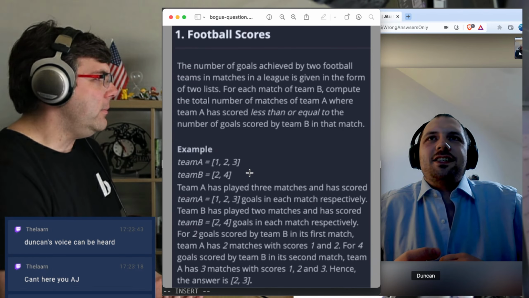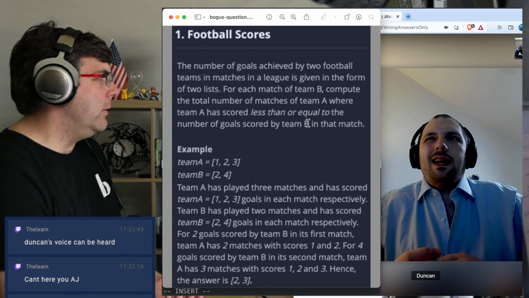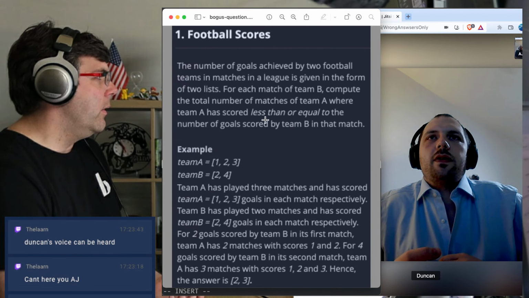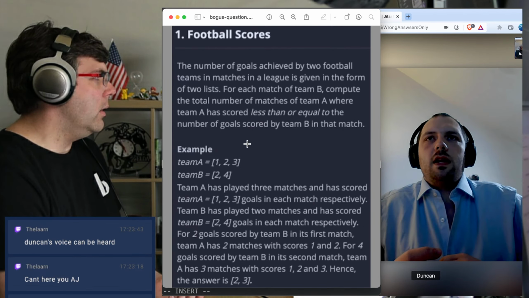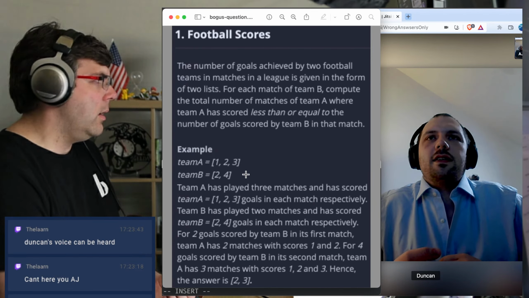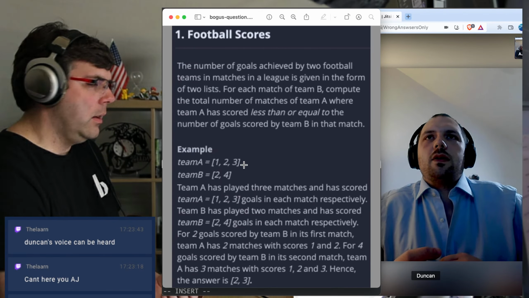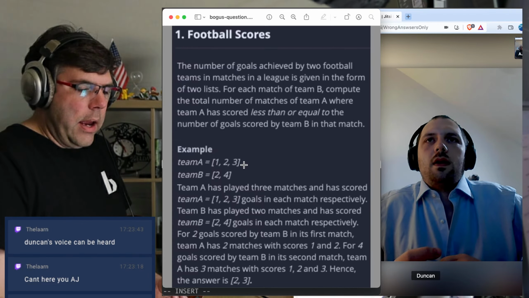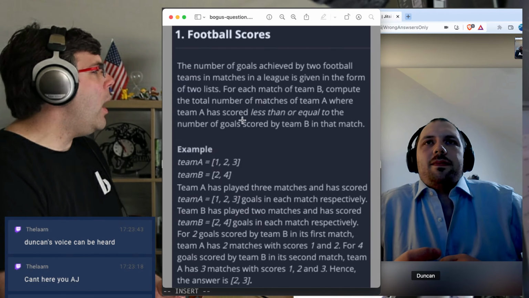They're not having matches against each other, which is how it vaguely makes sense to ask the question like this. They have each played some matches in the league, and those are the points that they scored in their matches, but they're not matches against each other.